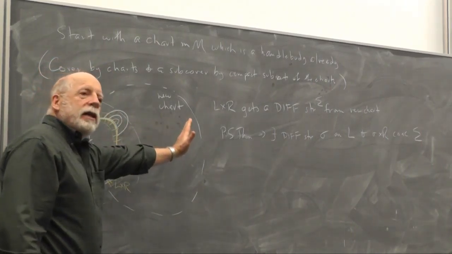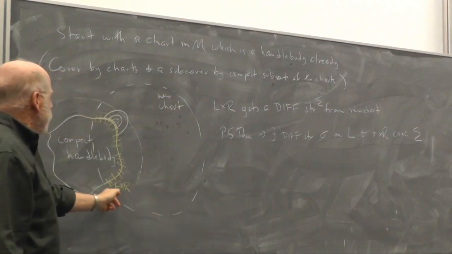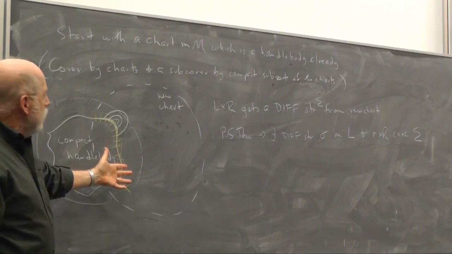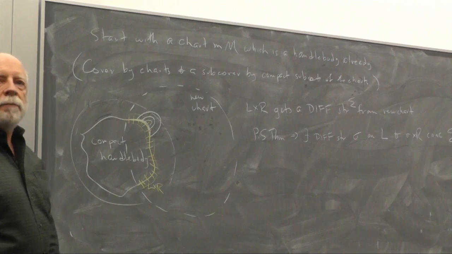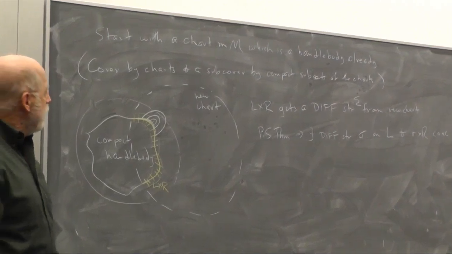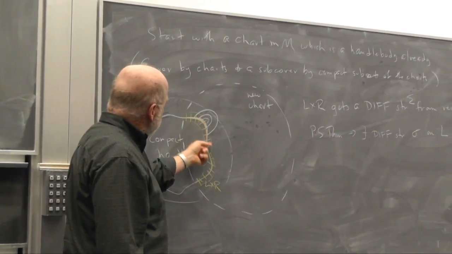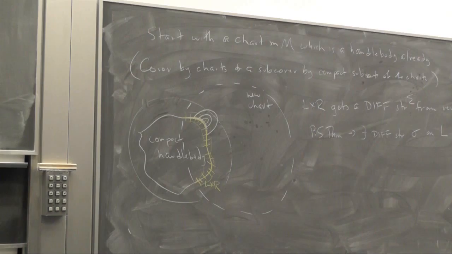Anyway, you extend handles out here to cover as large a compact piece as you want, so that you have a finite number of handles, and then you go on and on, more and more charts, until you're done. So that's how you put handle body structures on. And it's simply this little argument here with the product structure theorem that enables you to do that.